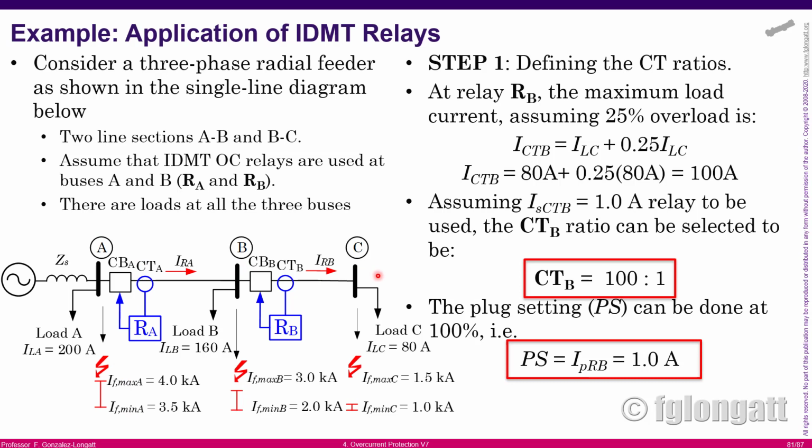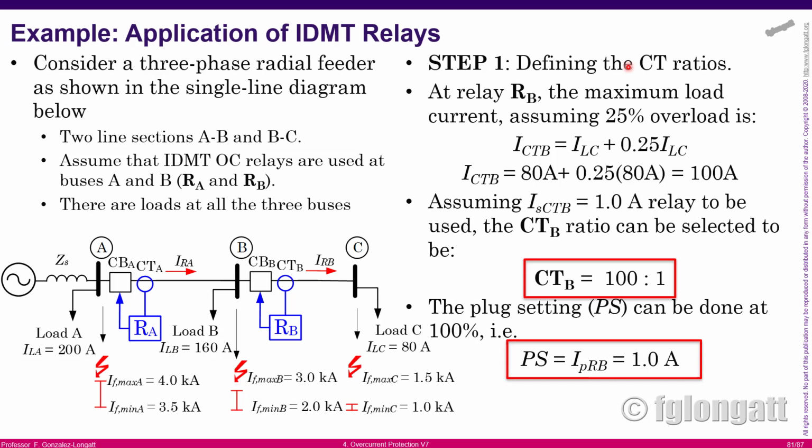Well, what is the first step? As I said before, this is the most complete example that you can see. The first step is to start defining the CT ratios, okay? Imagine that this is a feeder that you are working on at planning stages, and you are interested in creating this feeder and installing the protections, okay?